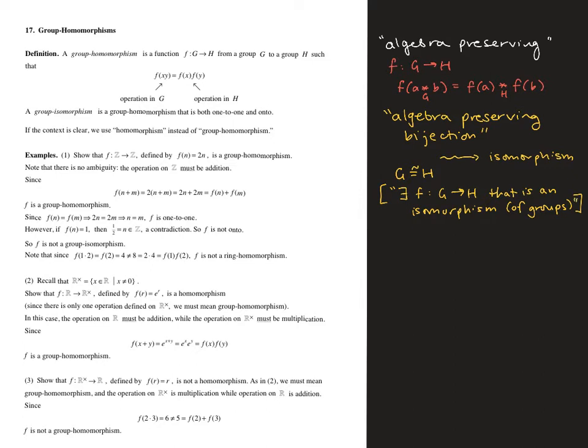So if you're asked to prove that something is isomorphic to something else as a group, what that's really asking you to do is to cook up a function that acts as a group isomorphism. Take a look at these examples at some point on your own, and if you have any questions, make sure to post them on Piazza so that we can talk a little bit more about them.